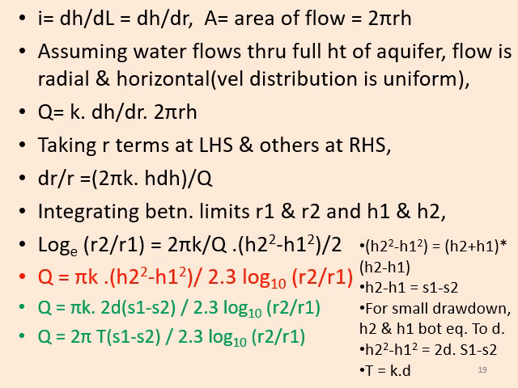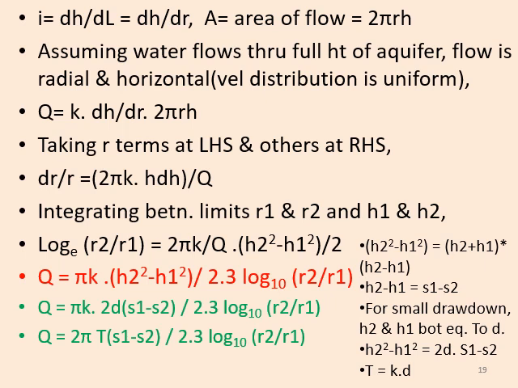So coming back to the first green colored equation, we can write Q equals pi K into, instead of H2 square minus H1 square, 2D into S1 minus S2, divided by 2.3 log 10 R2 by R1.